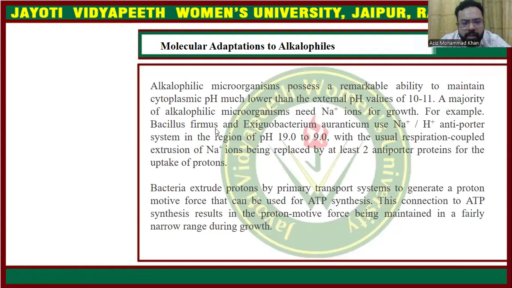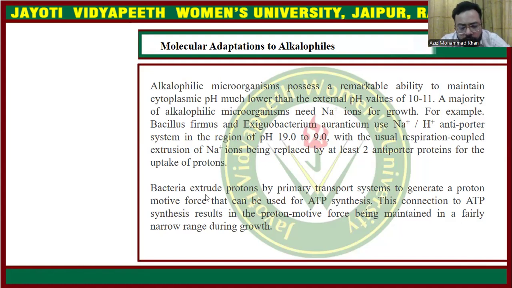For example, Bacillus cereus and Exiguobacterium use a sodium hydrogen pump. This is the antiporter system in the region of pH 9 to pH 9, with the usual respiration coupled accumulation of sodium ions, which is replaced by at least two antiporter proteins. So there are antiporter proteins which maintain the pH level.